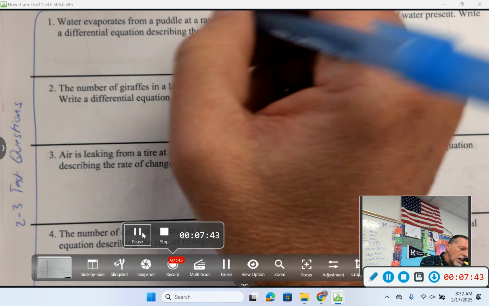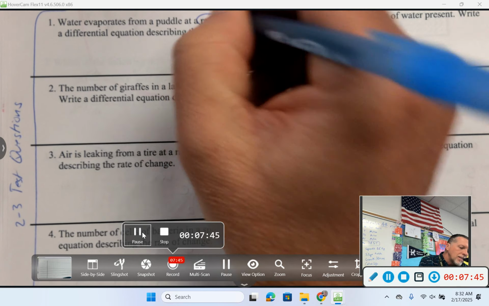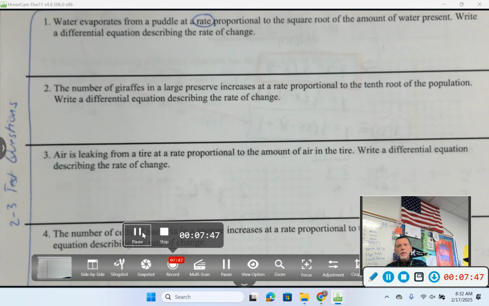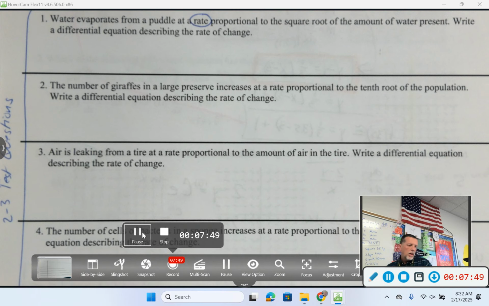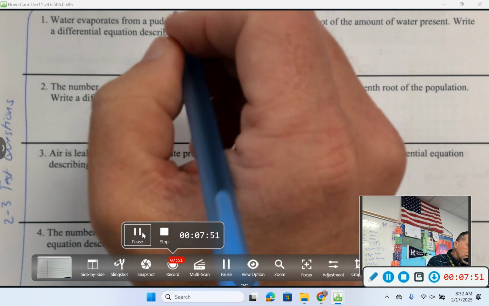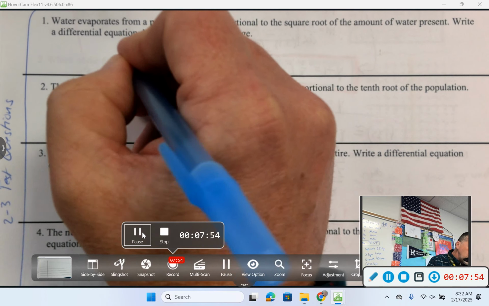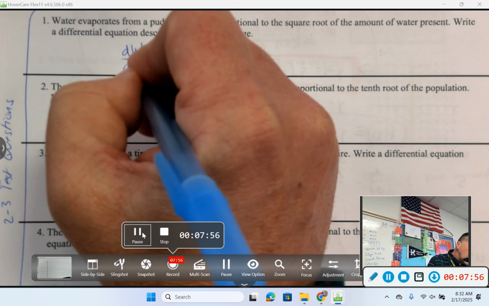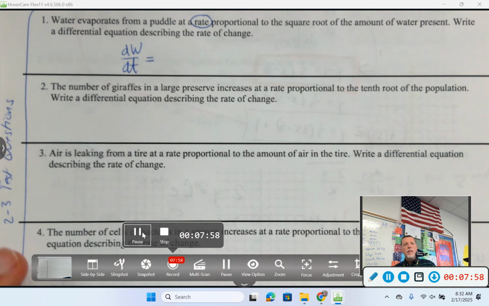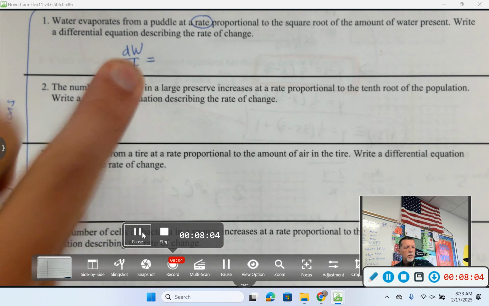Okay. So the rate means we'll have a derivative. Let's see, water. So let's use dW/dt. That's our water evaporating rate, dW/dt. How much water is changing per time.